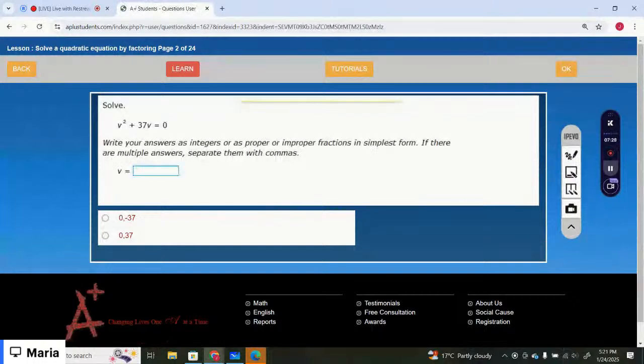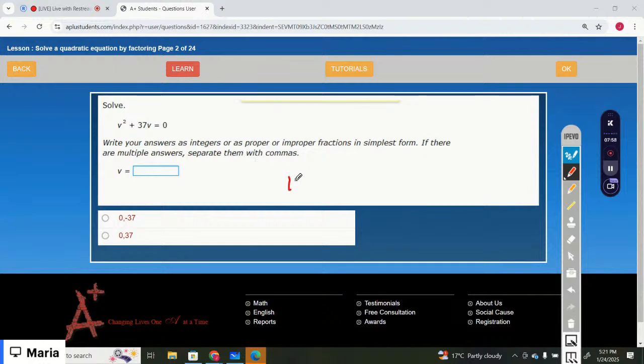V square plus 37 V equals 0. Let's just take common V, right?